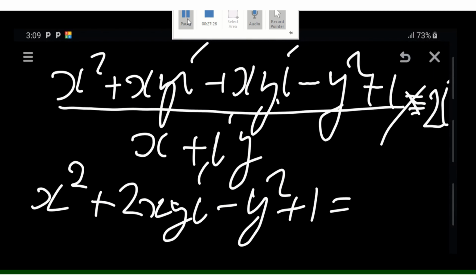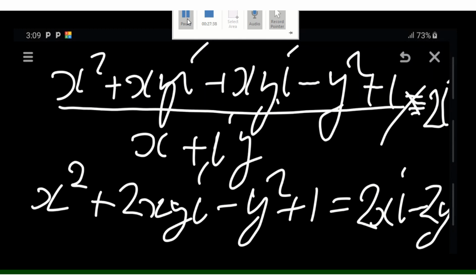So I'll have 2xi, and 2i multiplied by iy, I'm having a minus 2y. All right, so from here, you collect like terms, real part and imaginary part.